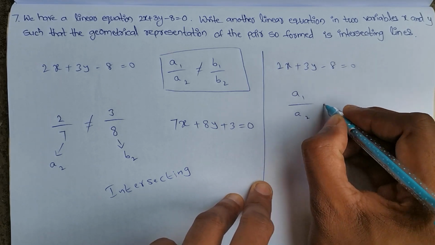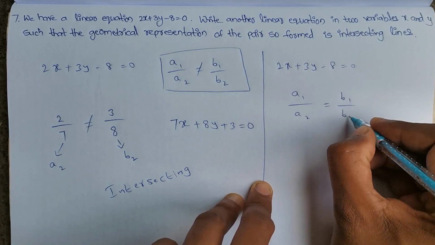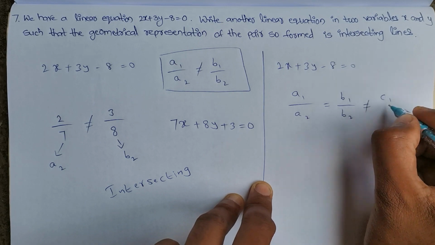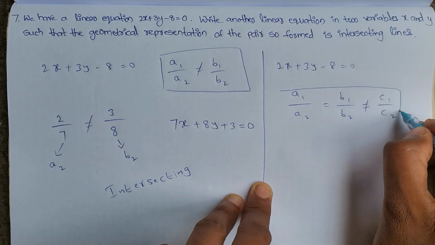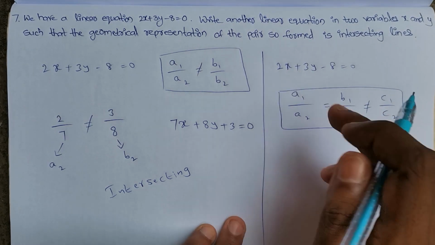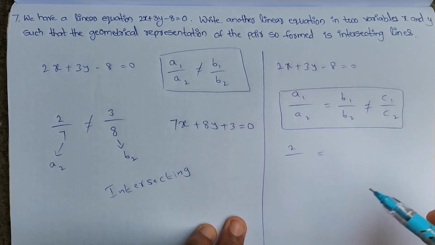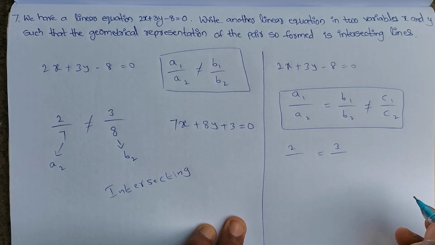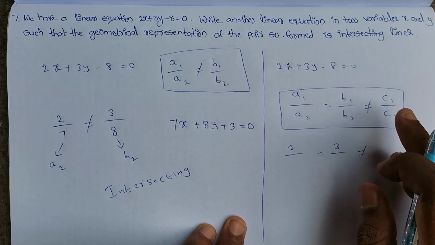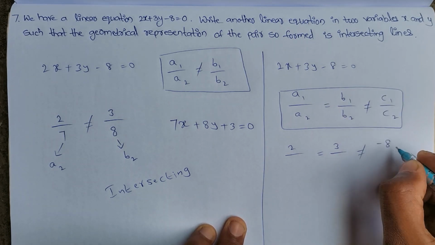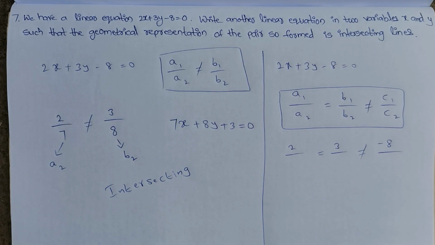A1 by A2 is equals to B1 by B2 is not equals to C1 by C2. Here A1 is 2 divided by something is equals to B1 is 3 divided by something, that should not be equals to C1 is minus 8 divided by something.